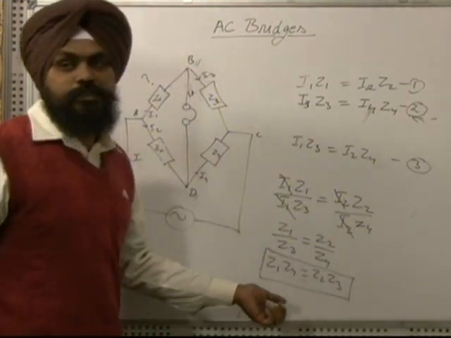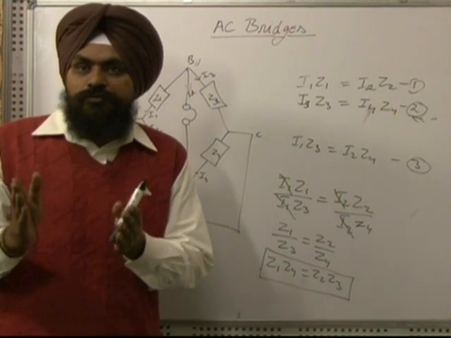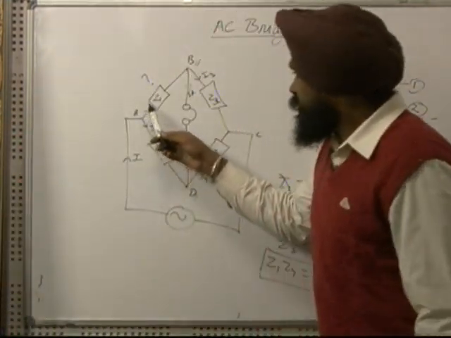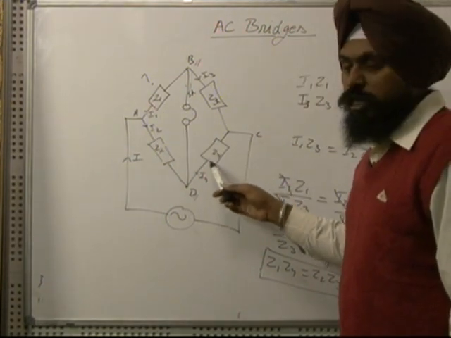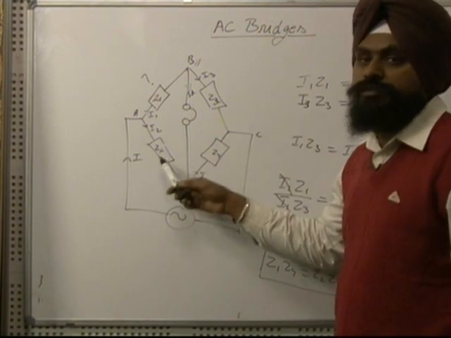This is our standard balance condition, that the product of impedances of opposite arms are equal. Z1 Z4, product of Z1 Z4 is equal to product of Z2 Z3.